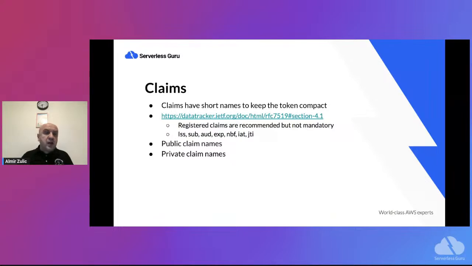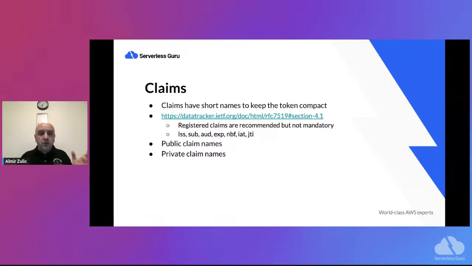Private claim names are completely random, sort of speaking. So if they are not public registered, and if they are not recommended by the specification, you can use private claims, just as I said. You can put whatever you want there, and there is no rule, and they are not safe in the sense of collision.